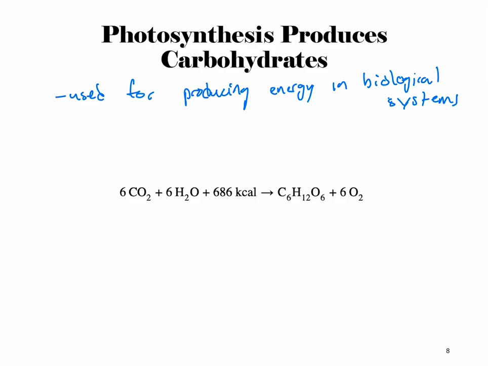If we look at this chemical reaction here, we see this energy value right here. This is light that goes into this reaction, and we start with carbon dioxide and water and make carbohydrates from that. So we're starting with reactants that are relatively low in energy, and we create products.